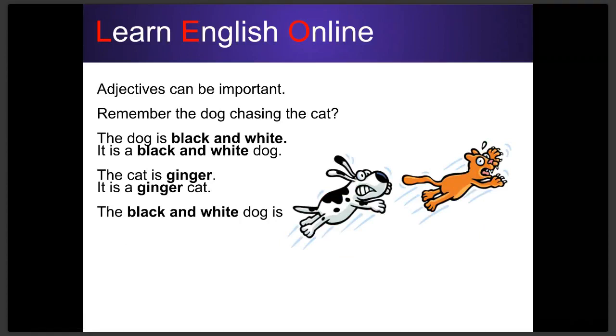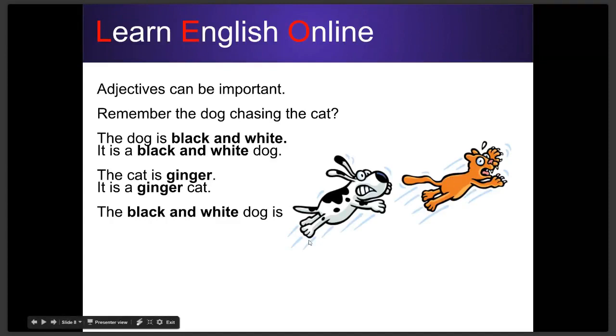Okay, remember the dog chasing the cat? If you haven't seen it, look at the video on verbs. If we wanted to describe the dog and the cat, the dog, which dog? The cat, which cat? Which naughty dog is chasing the cat?